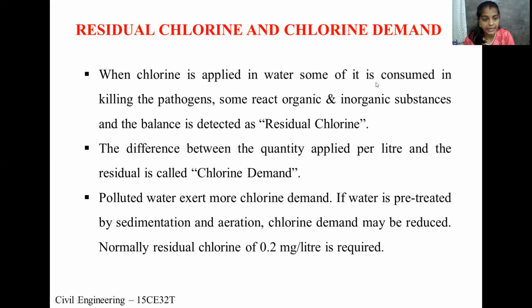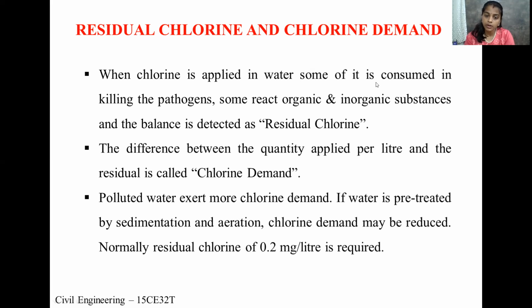If water is pre-treated by sedimentation and aeration, I have already told you, at the start of the treatment of water, whatever the methods, it starts from aeration and sedimentation. If the water is already treated by sedimentation and aeration, chlorine demand obviously will get reduced, because the water is already pre-treated.